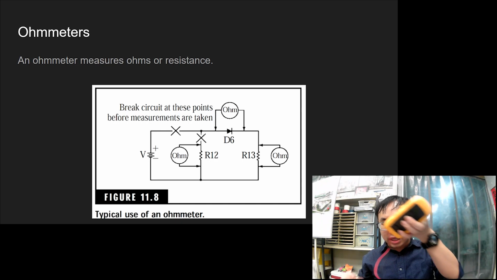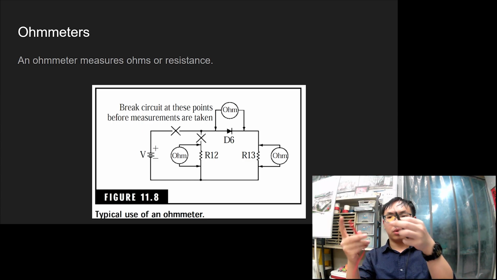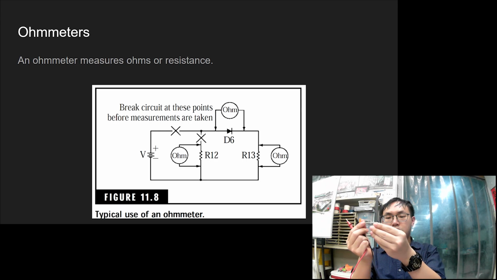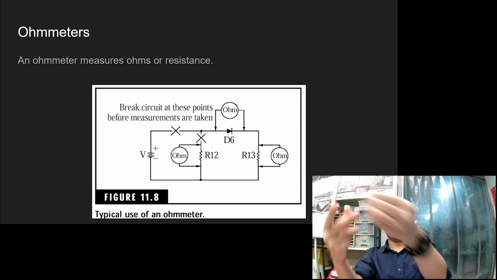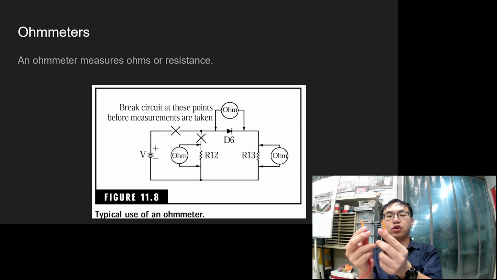Because the resistance itself doesn't have a polarity, you can measure in both ways. You just take out your probe and connect to N, and you can measure the resistance of it.